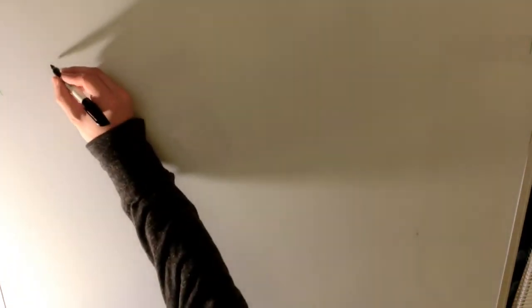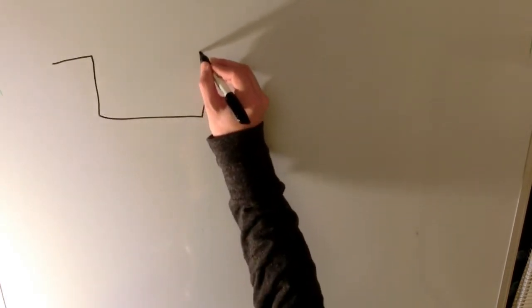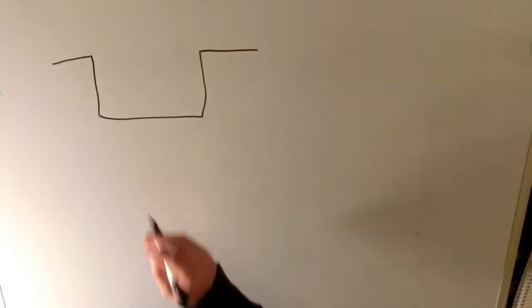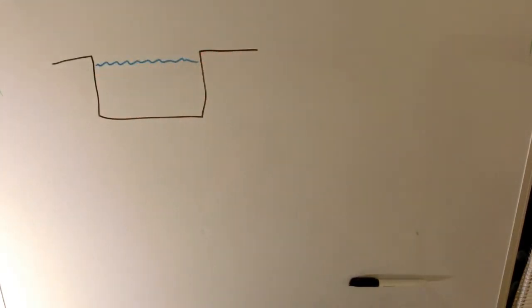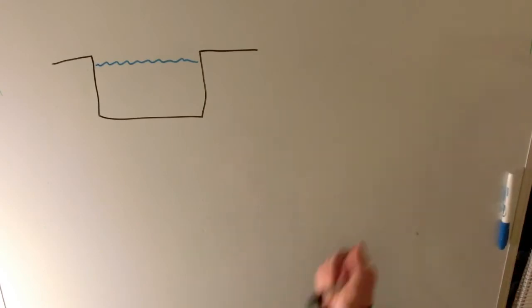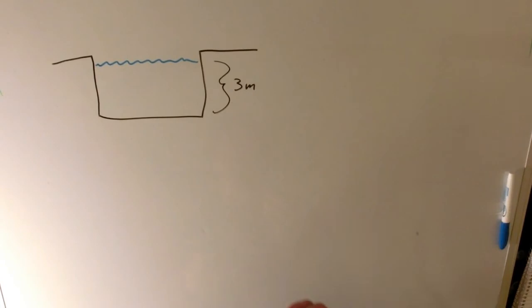Now, we're going to look at a pool, and we're going to imagine that it's a very simple shape. It's just a square shape, okay? The way I'm drawing it. And this pool is filled with water and is going to be 3 meters deep.